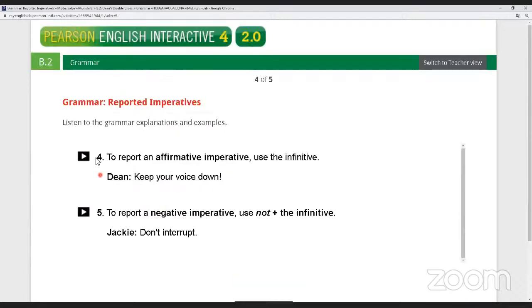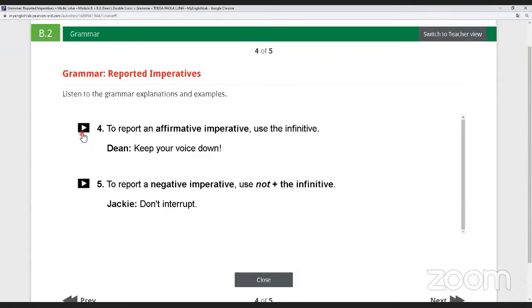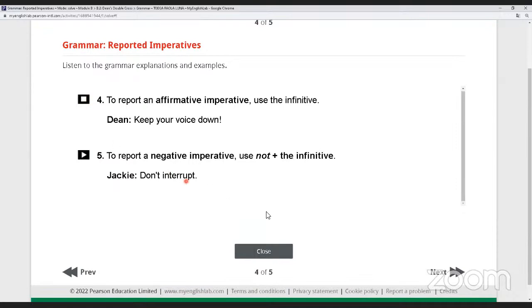So let's continue with point number 4. To report an affirmative imperative, use the infinitive. Keep your voice down. As I told you, we have a lesson, right? I told you to keep your voice down.